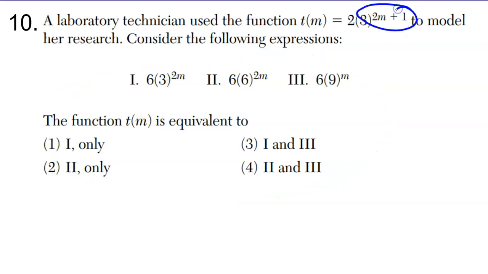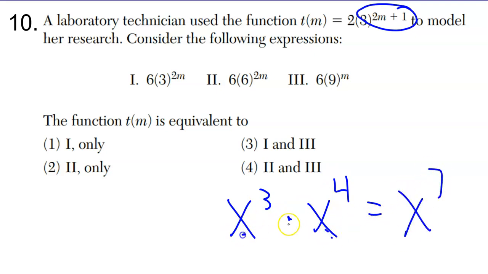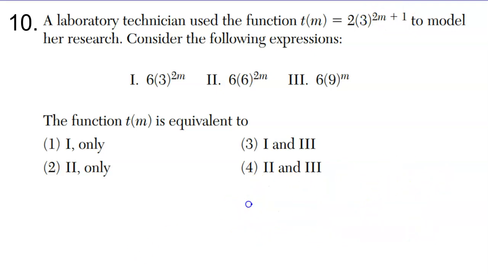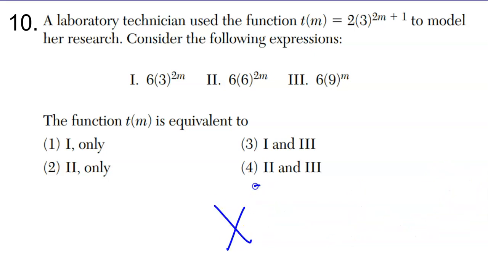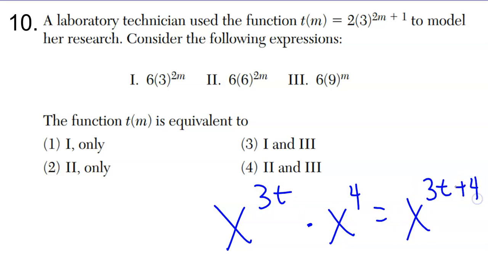So the only way to add exponents together is if you originally had like bases and these two items added together. So x to the third times x to the fourth equals x to the 3 plus 4. Now I know I can put these together, but my original equation was x to the 3 times x to the 4. And my answer would be x to the 3 plus 4, like that. Just like we have here.